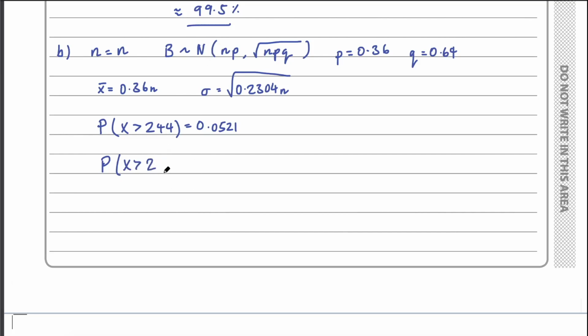But when we're doing a normal approximation, we need to make sure we do this step. Change that number into 245.5. So when you have greater than a certain number, you need to add half to it. It changes slightly if you do less than, but this is the continuity correction. Again, if you're not sure about it, there are some excellent videos explaining why we need to do that step. So we have this probability greater than 245.5 equals 0.0521.